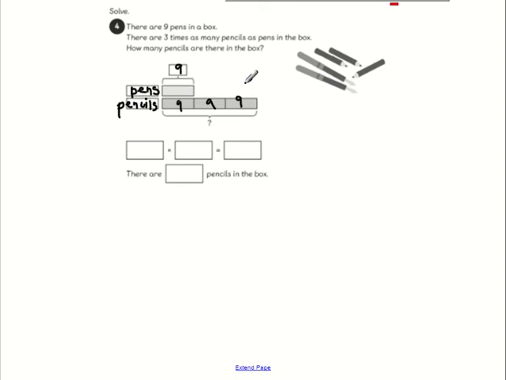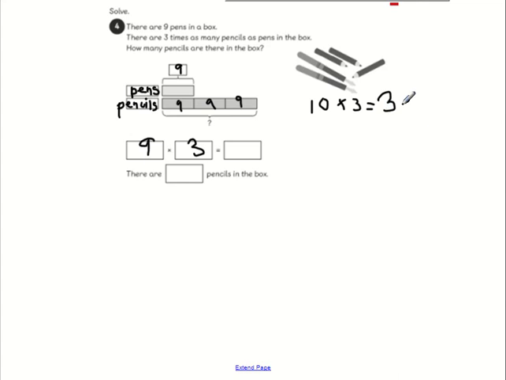So if these 3 blocks represent 9, what do you think this number sentence is going to be underneath? How many blocks are there? Oh, okay, so I've got 9 in each block, and I've got 3 lots of blocks. So I'm working out 9 times 3. Now remember, if you're not sure about your 9 times table, you could always work out 10 times 3, which is 30, well done.